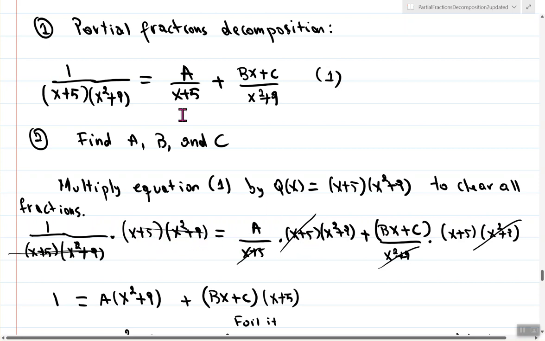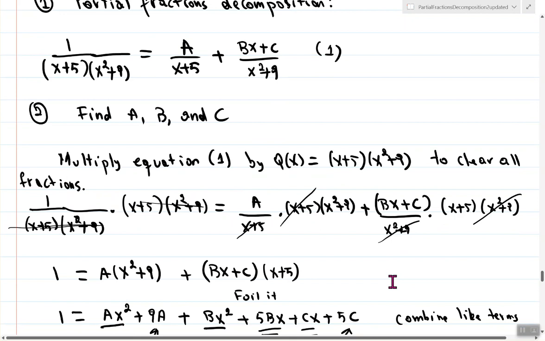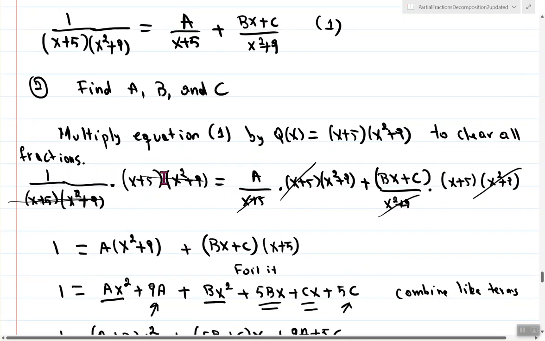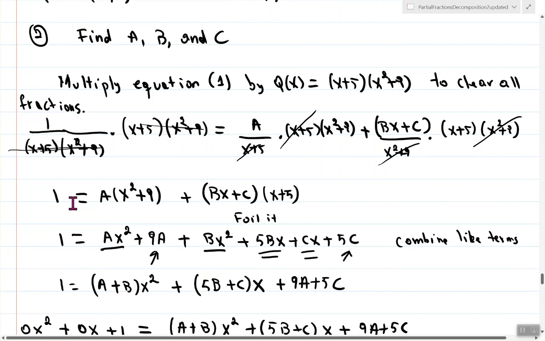Because we have addition, we multiply each term by the same q of x. On this side, we simplify and get 1 left. Then we simplify x plus 5 to get a times the quantity x squared plus 9. And then we simplify x squared plus 9 to end up with the quantity bx plus c times the quantity x plus 5.